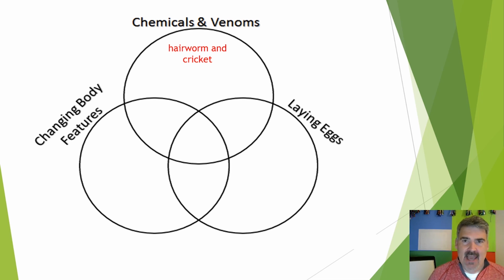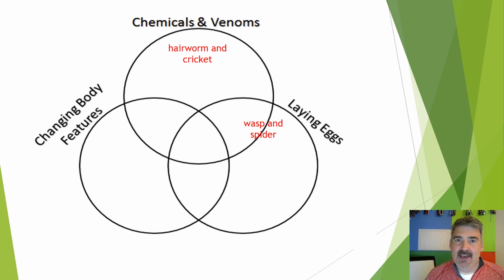Take a moment now to think about where the parasitic relationship we just read about would fit into this diagram. Okay, I'll show you where I place this one and you can see if it matches up with your thoughts. If I included information that is not on your Venn diagram, please add to it.